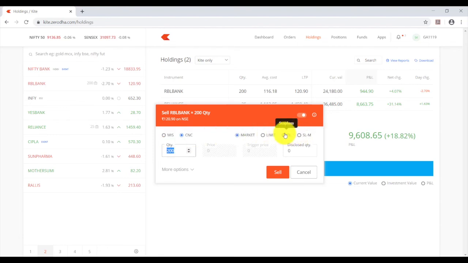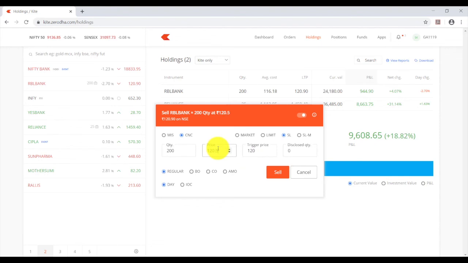So let's say I go with stop loss, and I go with a CNC stop loss regular day order. What happens is, guys, I need to set a trigger price and I need to set a price. So let's say I set the trigger price at 120 and I set the price at 120.5.